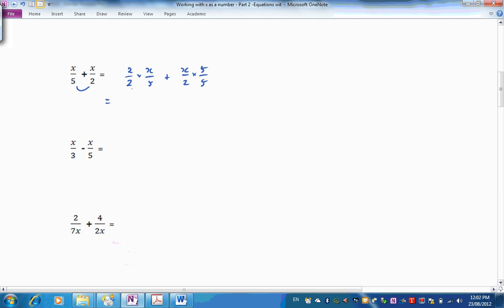And let's see, has that worked? Yes, that's given us a denominator of 10 there, and 2 by x is 2x, plus denominator of 10 here, and x by 5 is 5x. Remember, we put the number in front of x usually. So now we have 2x tenths and 5x tenths.